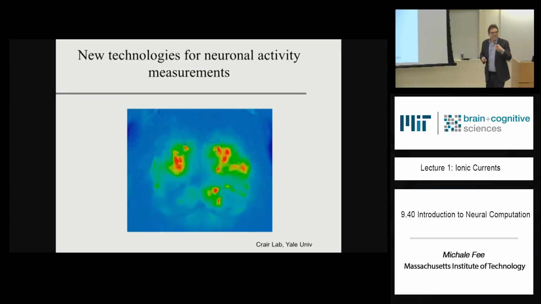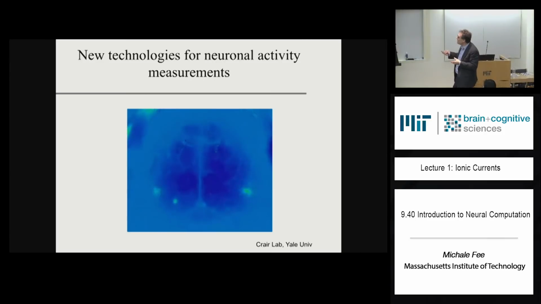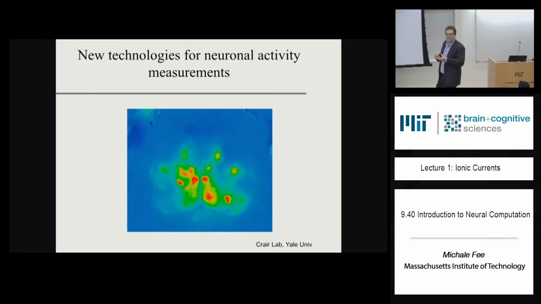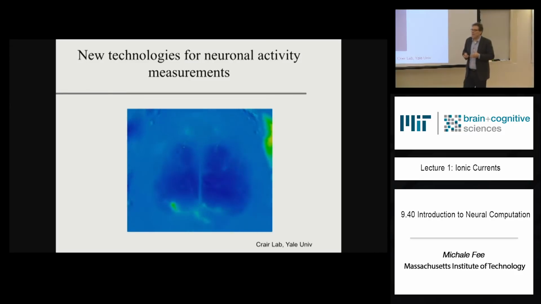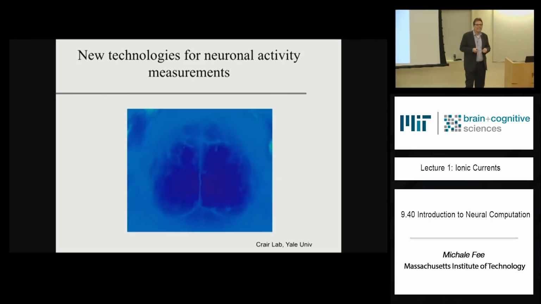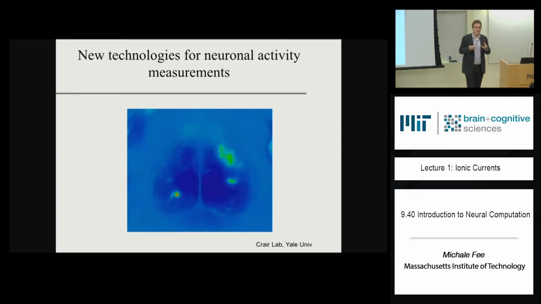One of the key challenges is to take images like this that represent the activity of thousands or millions of neurons and figure out how to relate that to the circuit models that are being developed.